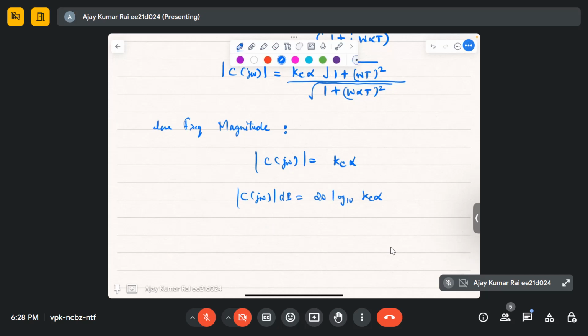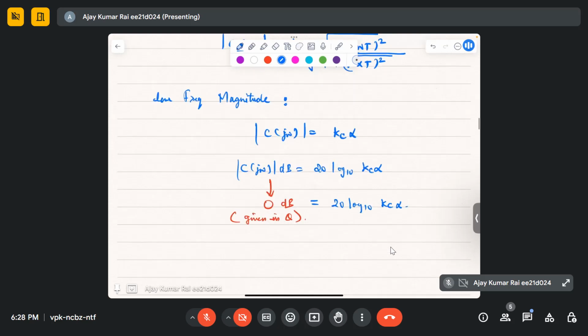It's already given in the question. So 20 log of Kc alpha should be 0 dB.